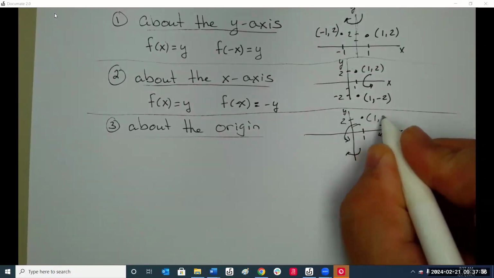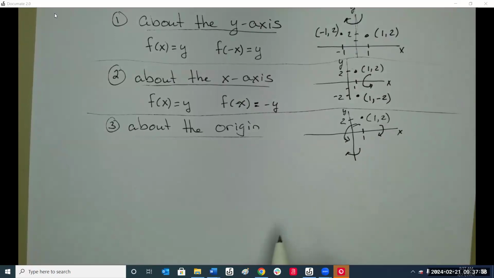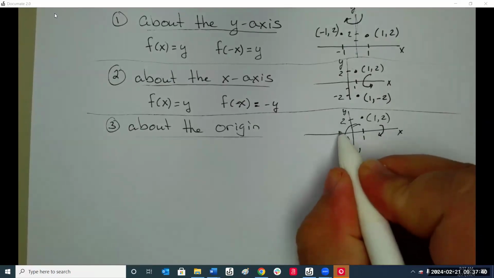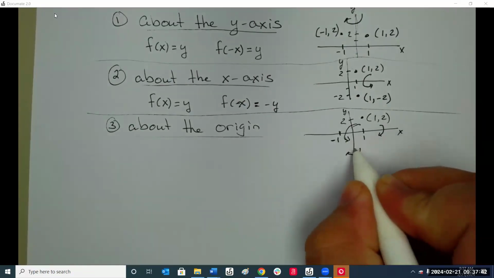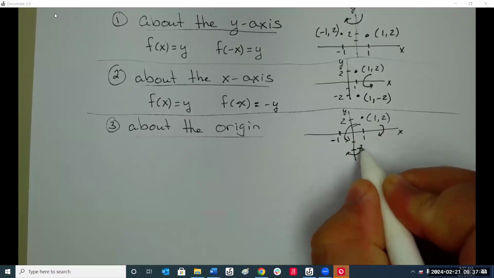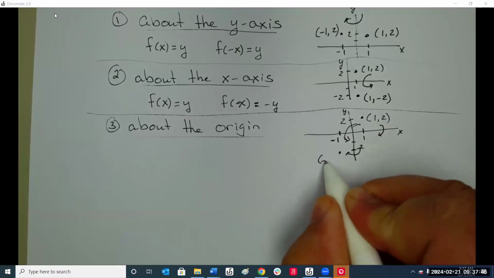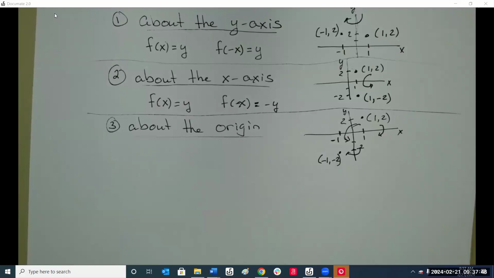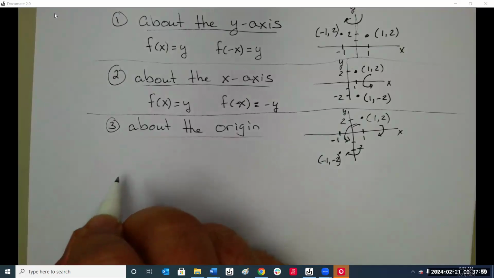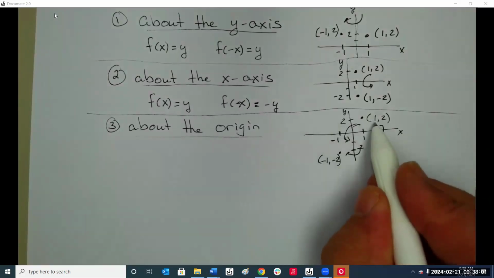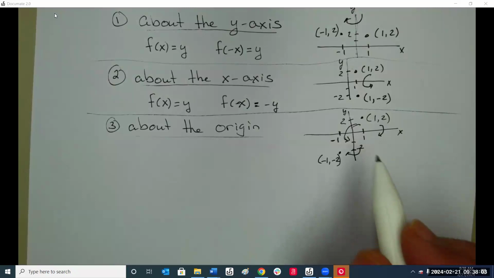So if I had a point (1, 2), and it's symmetric about the origin, then there's a mirror image at (-1, -2). So with this one, both values change signs.